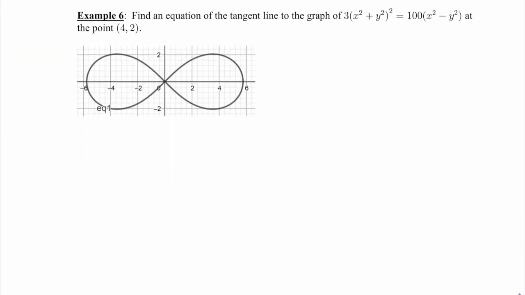One last example asking us to find the equation of the tangent line of the graph of this equation at the point 4, 2. So we'll differentiate both sides with respect to x. Again, just writing down the plan.